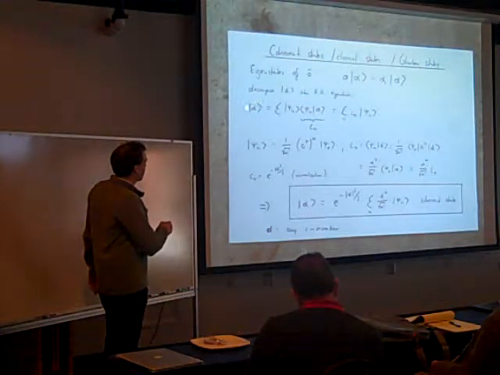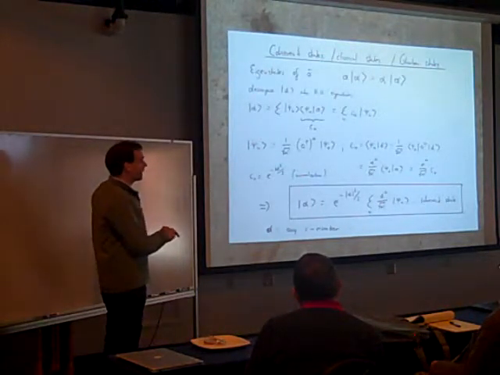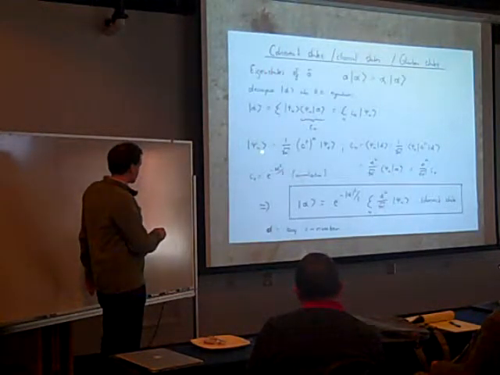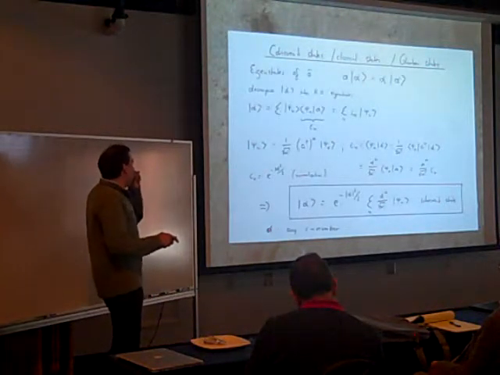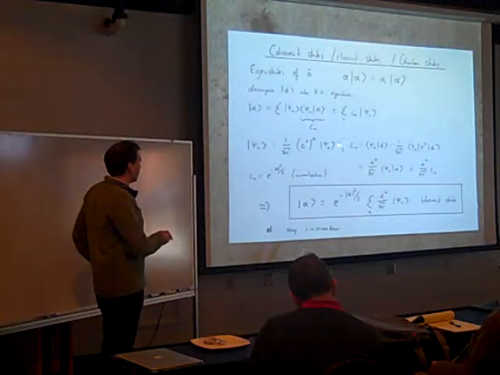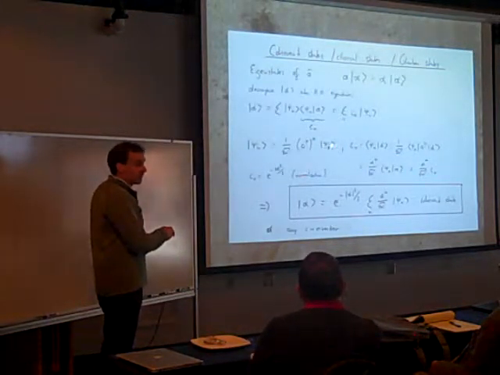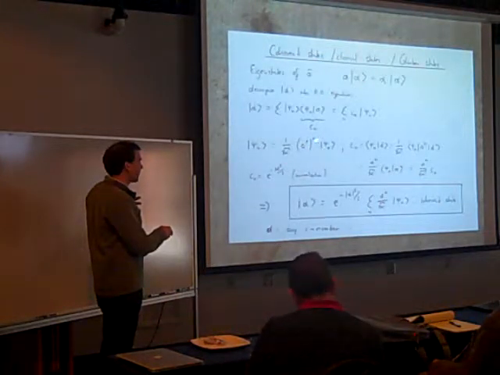Our state alpha can be written as a sum over different energy eigenstates. What we also know is that the nth energy eigenstate can be written as the lowest energy eigenstate, the ground state of the harmonic oscillator, but then you apply the ladder operator n times.